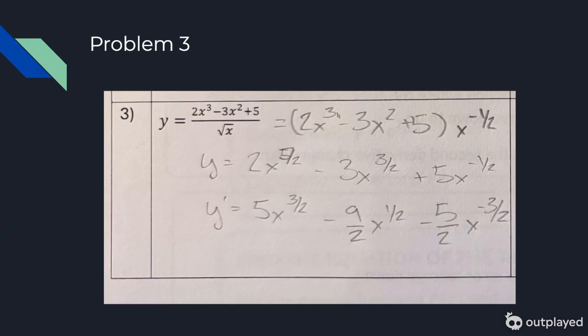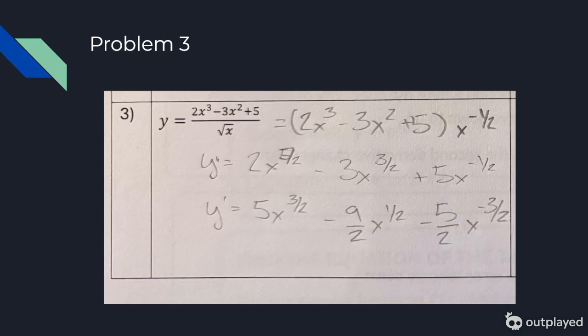So 2x to the third times x to the negative 1/2 equals 2x to the 5/2, and then 3x squared times x to the negative 1/2 equals negative 3x to the 3/2 power. Same thing with the 5. Just a little bit easier since it's just a constant. We could do 5x to the negative 1/2.